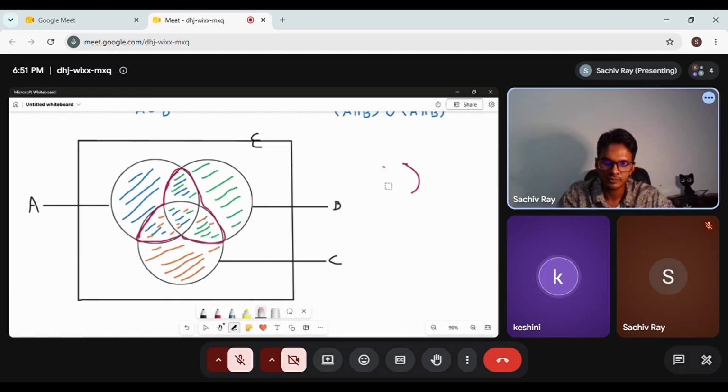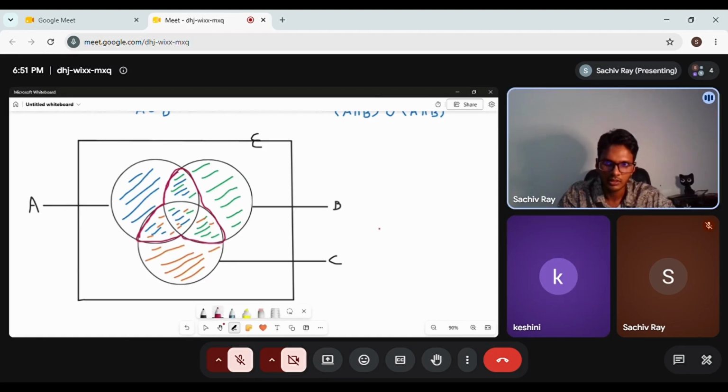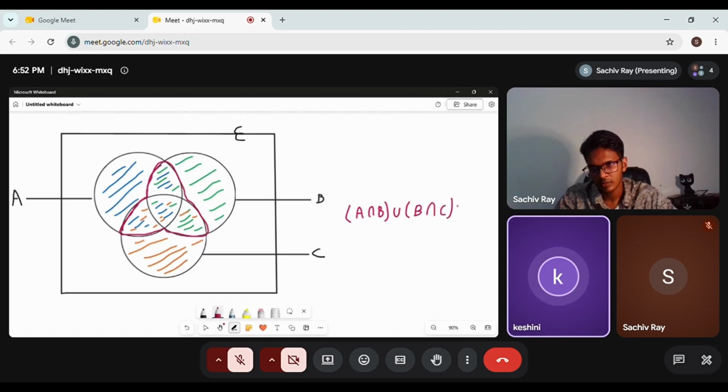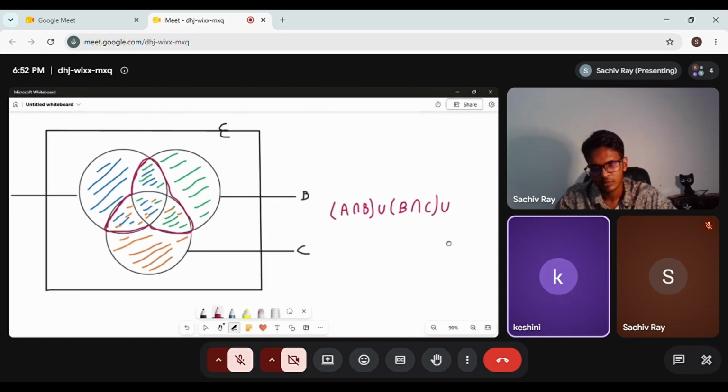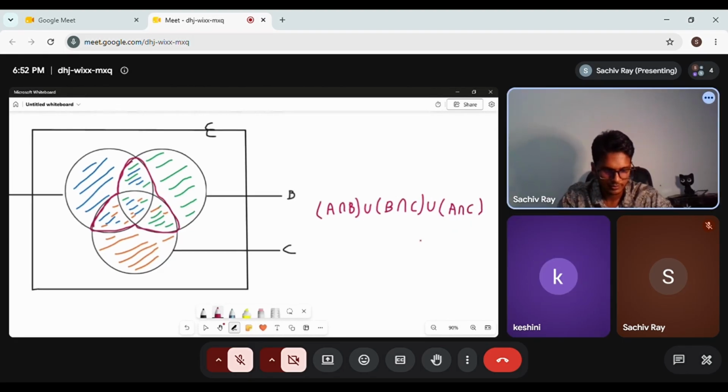A intersection B, the whole thing in brackets, and then union B intersection C, in brackets, and then union A intersection C. Right, that's it. So that's also clear.